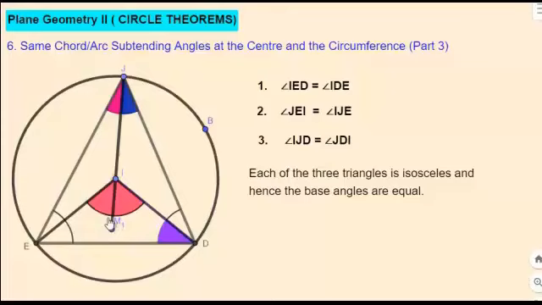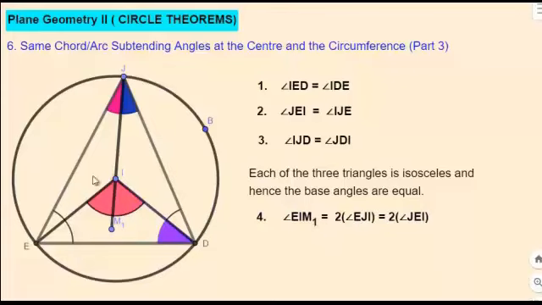I mean that when we multiply angle EJI by 2, we should get angle EIM1. And that is shown.